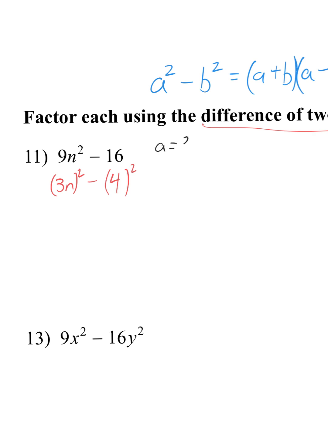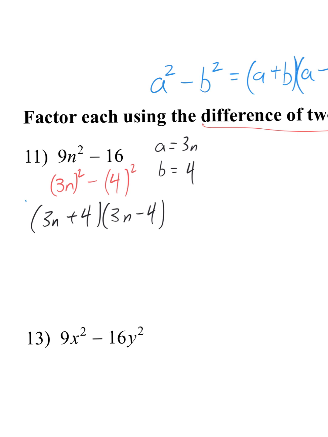I would call a 3n and b 4. So this breaks down into 3n plus 4 and 3n minus 4.